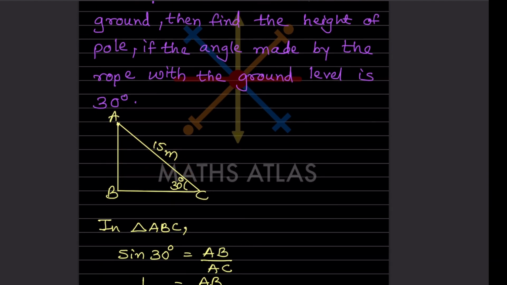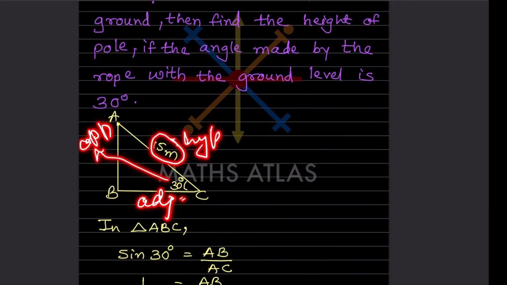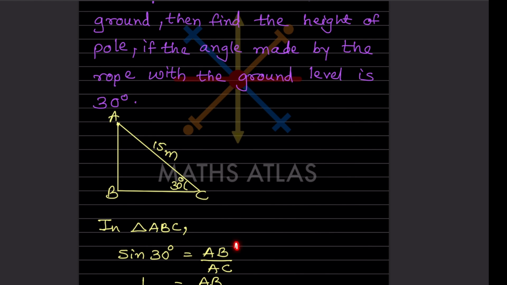So in triangle ABC, now see here, this is the opposite side and this is the adjacent. But what we know here is that this is the hypotenuse. So for this angle, opposite by hypotenuse is sine. So sine is opposite by hypotenuse. Now what will you write here? Sine 30 is opposite AB over the hypotenuse AC.